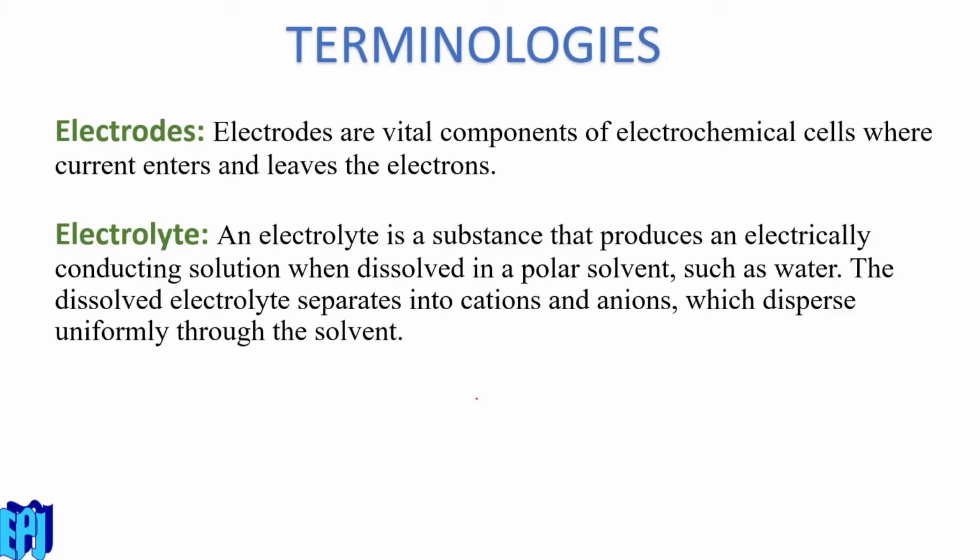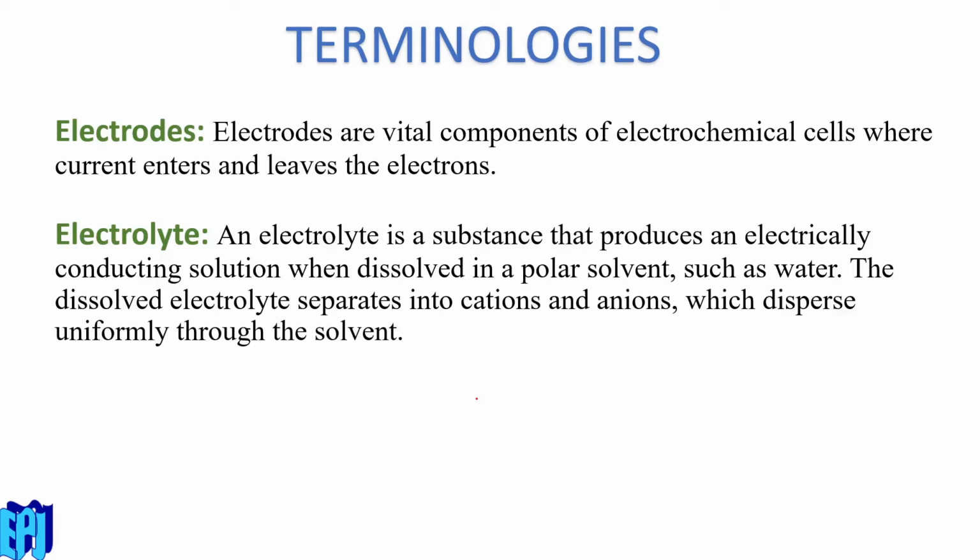We cannot say that every compound dissolved in water or a solvent acts as an electrolyte. There is a criterion for being an electrolyte. If X is a compound said to be an electrolyte, it should produce an electrically conducting solution, or have the capability to conduct electricity.